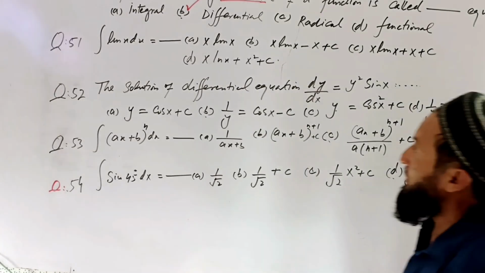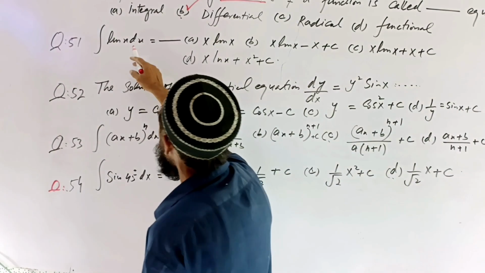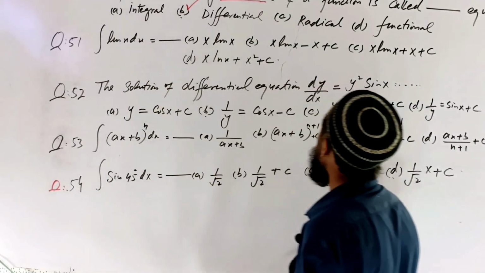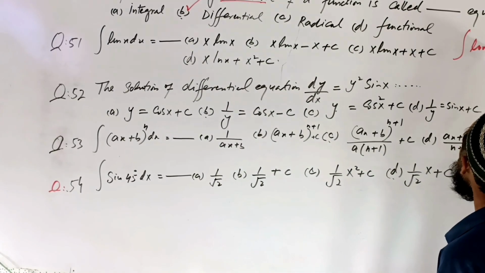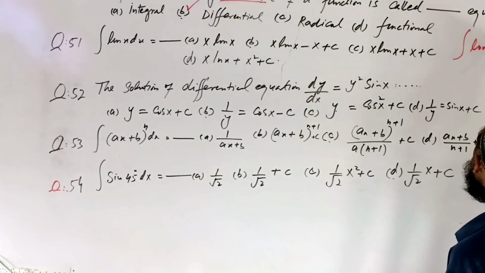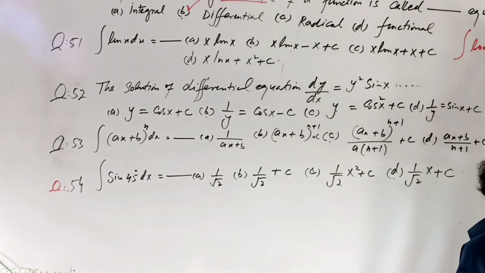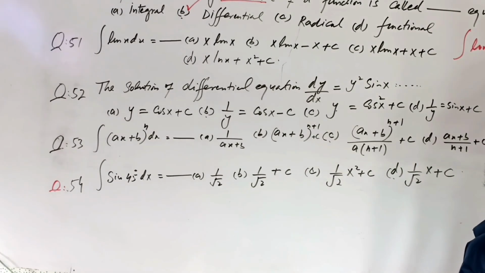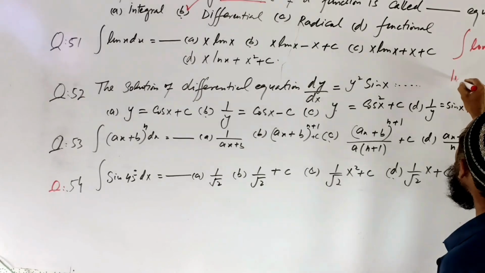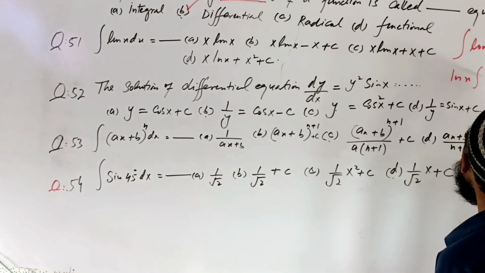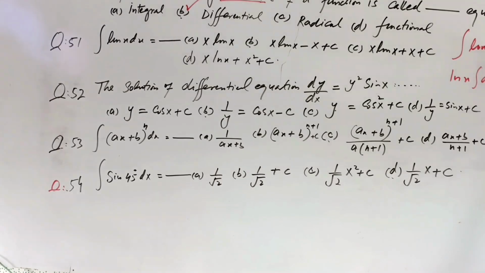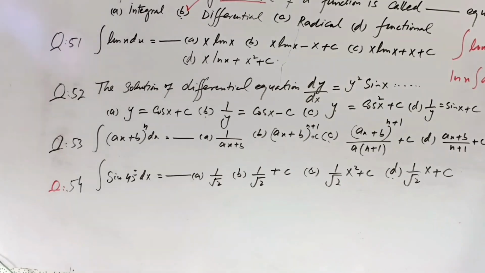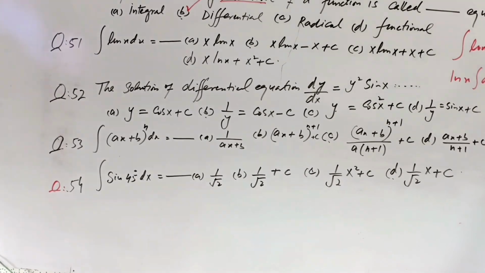And question number 51: integration of log of x dx is equal to what? Integration of log of x dx. So we can write log of x into 1 dx, and I am using integration by parts here. Integration of dx, and the derivative of log of x.